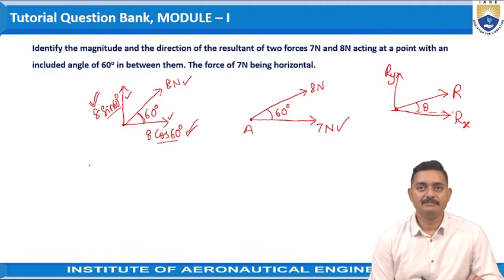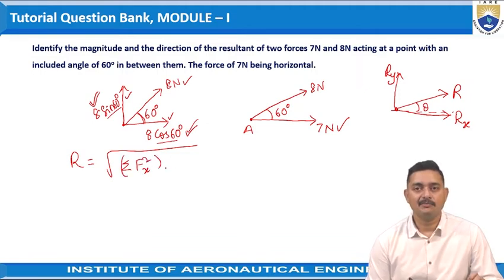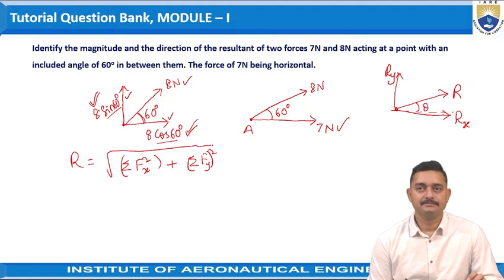So the equation can be given as the resultant R is equal to the square root of sigma Fx squared, which is the horizontal component forces squared, plus vertical component forces squared.